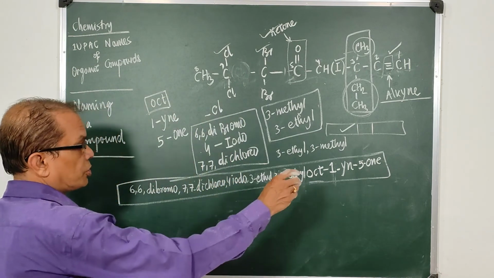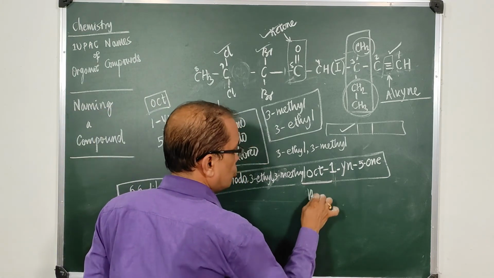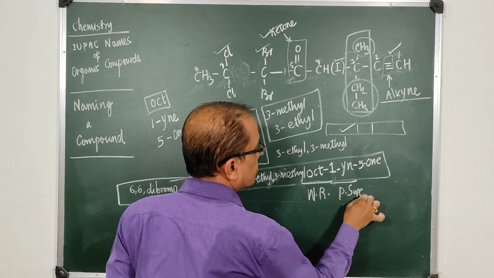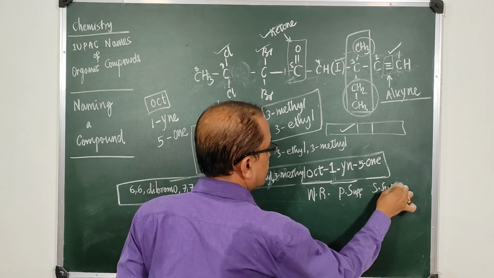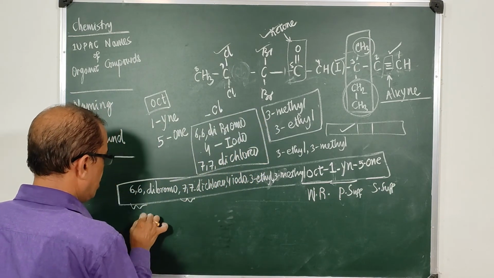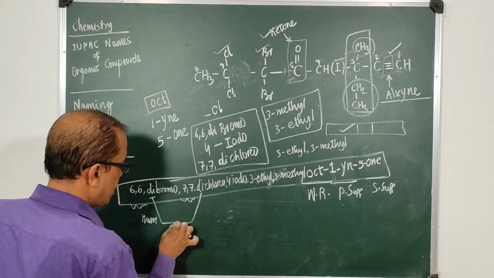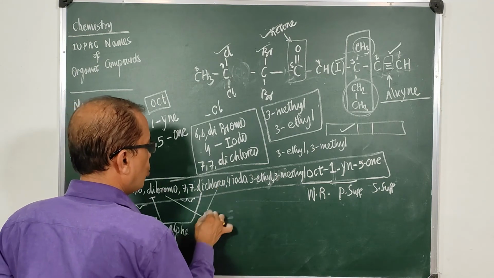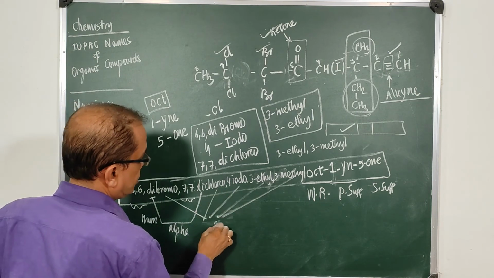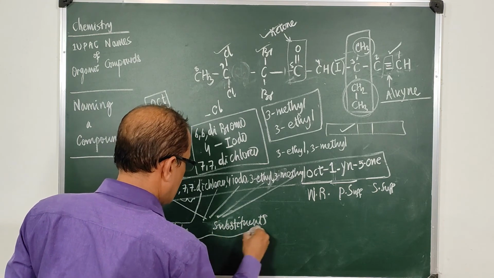And if we just have a summary of this name, then this part is the word root, this is the primary suffix, this is the secondary suffix, and here these are the numerals, and di, these are the alpha, and bromo, chloro, iodo, ethyl, methyl, these are the substituents, and all these are prefixes.